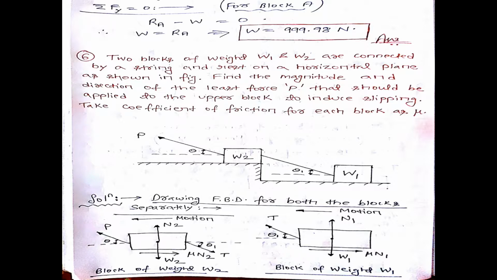So what has been given in the problem? On the second block, that is the W2 block, force P has been applied at some angle theta with respect to the horizontal.